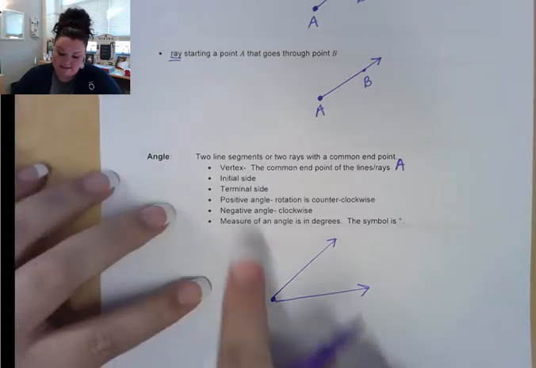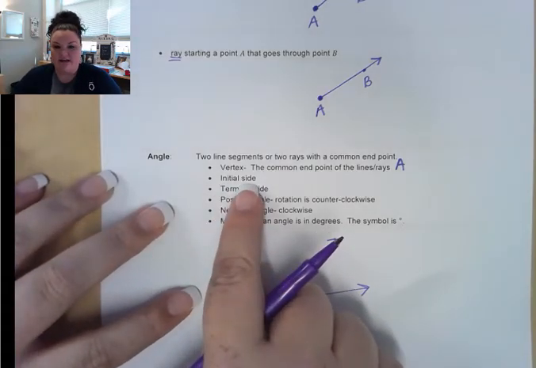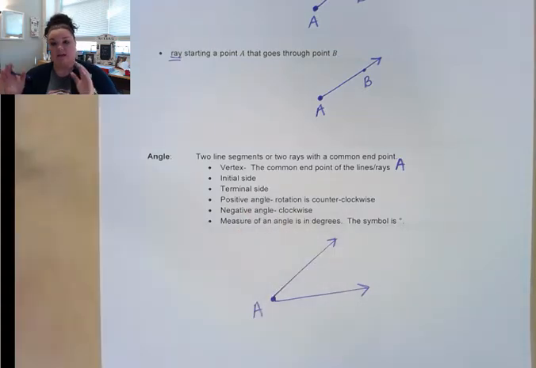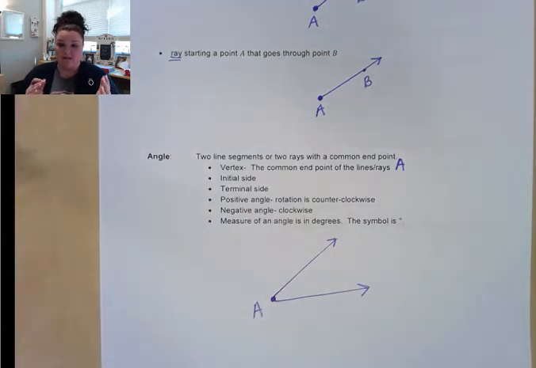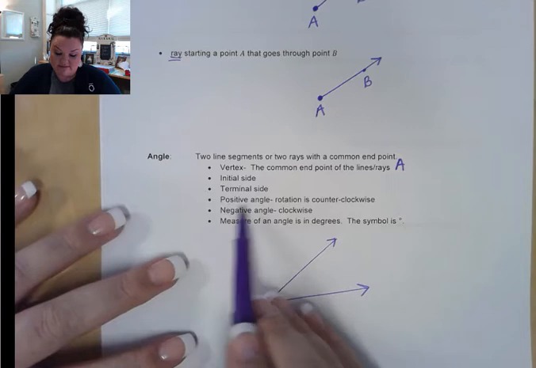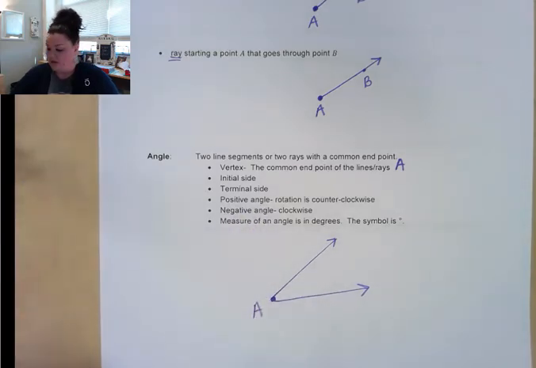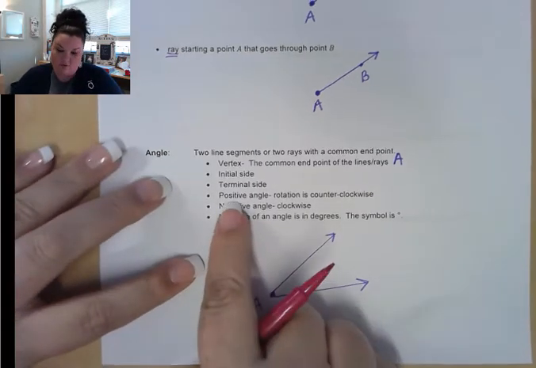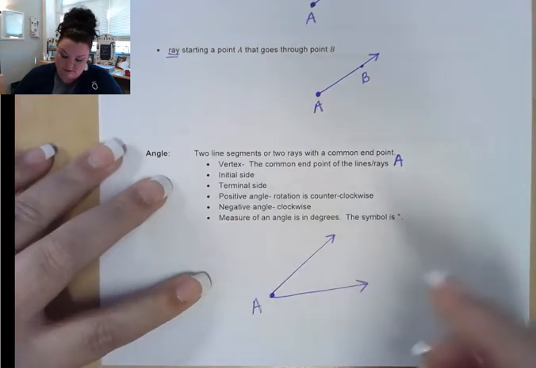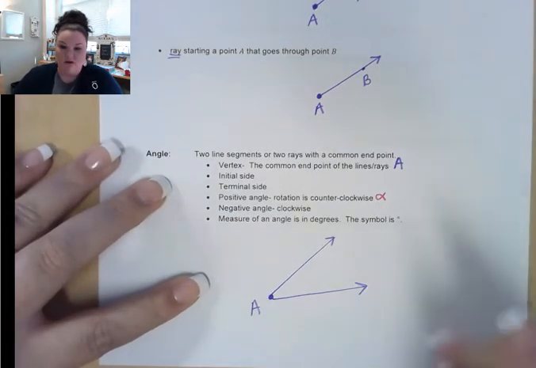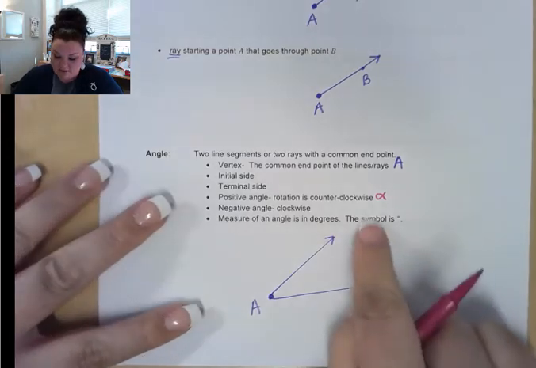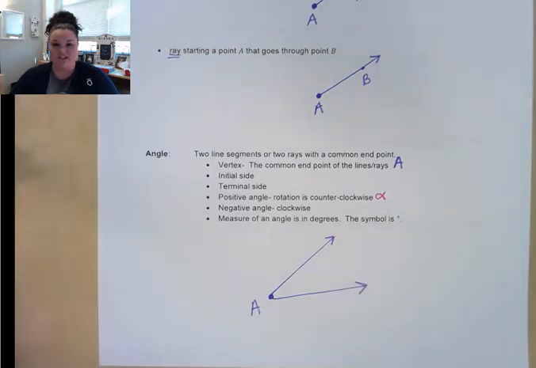The next thing we need to look at is the initial side and the terminal side. The initial side and the terminal side are determined by which type of angle you have, a positive angle or a negative angle. To help me demonstrate this, I'm going to use 2 different Greek letters. Let's look at a positive angle first, and I'm going to call this positive angle alpha. To draw an alpha, you can think of it as a little goldfish, a little Jesus fish.